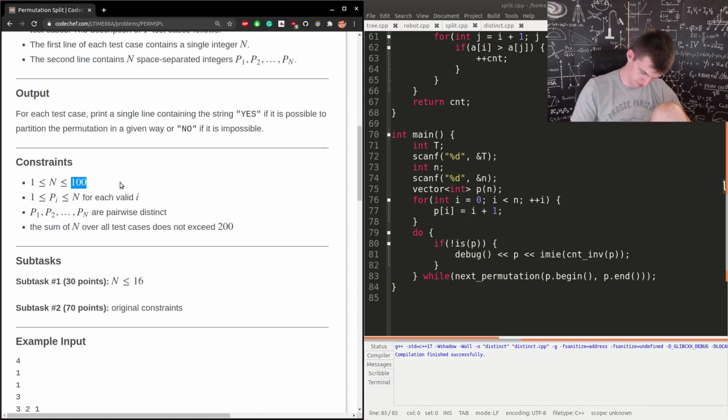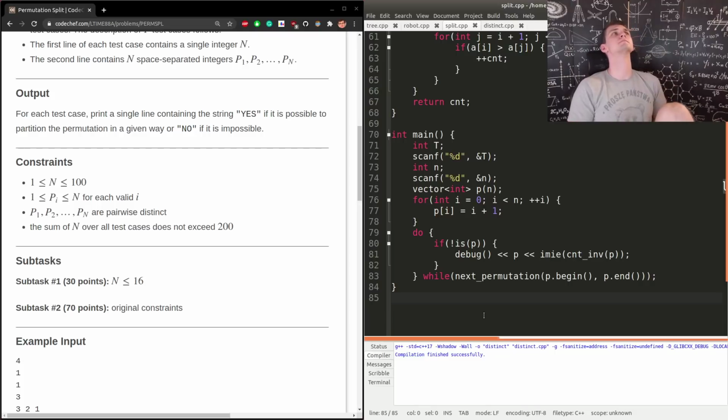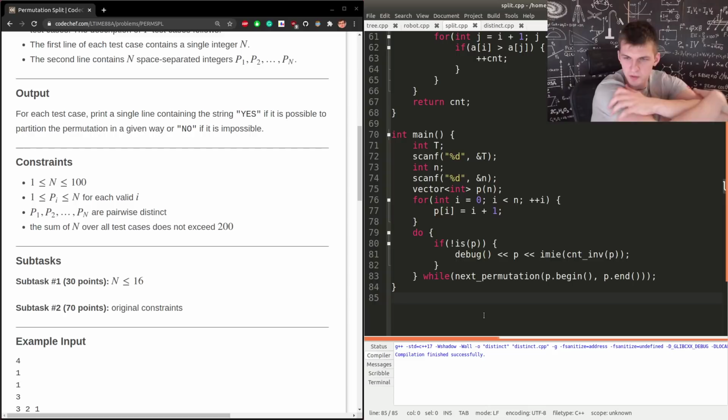Maybe some DP. Can this be like a knapsack?